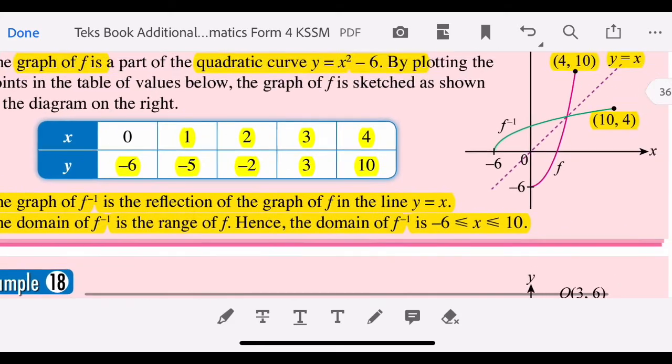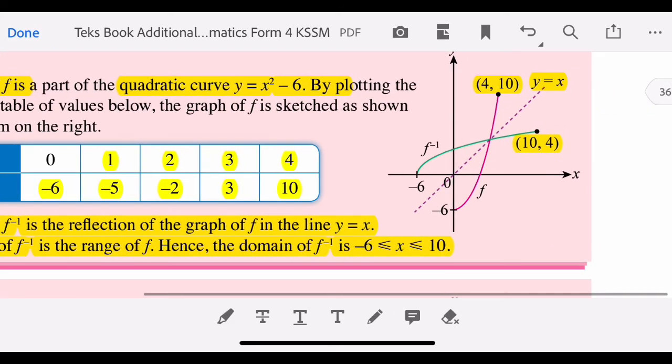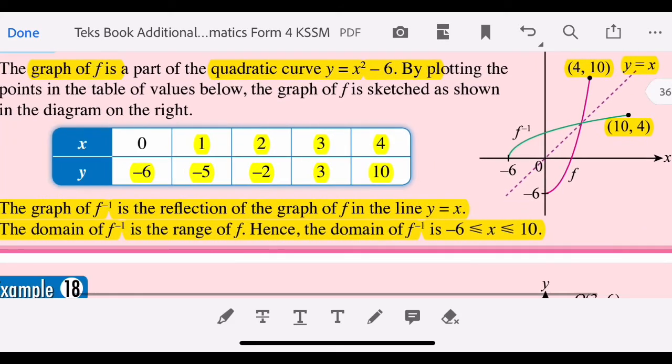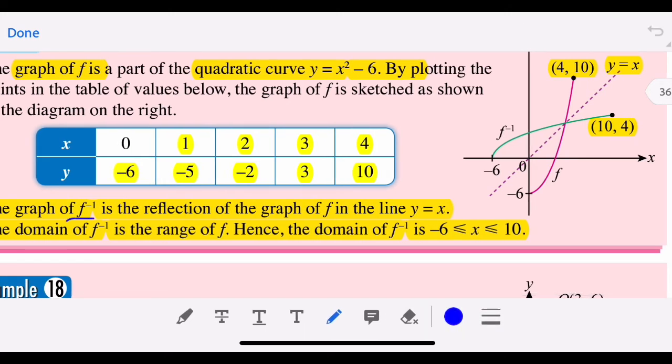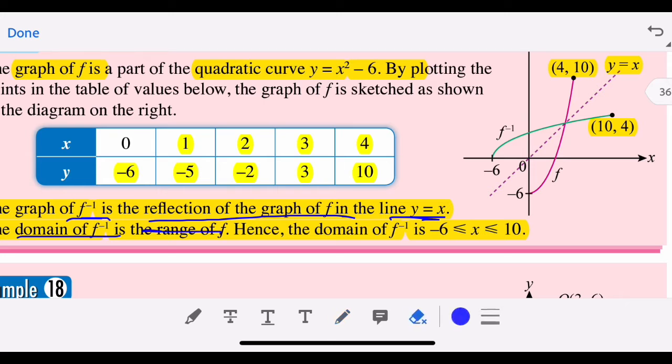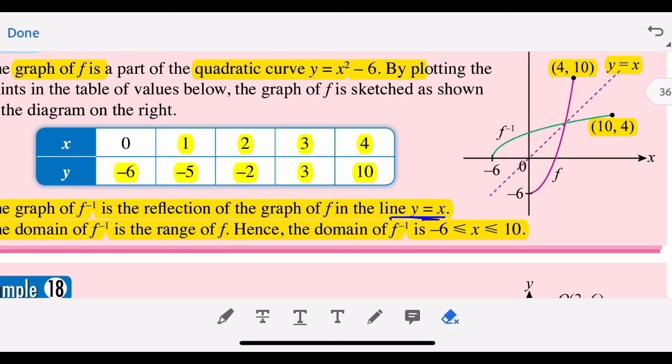After we plot the points, we find that the graph of the inverse of f is the reflection of the graph of f in the line y equals x. So the domain of the inverse function is the range of the function f.